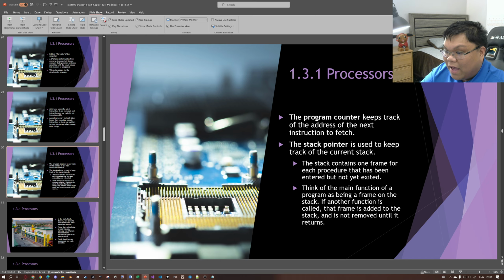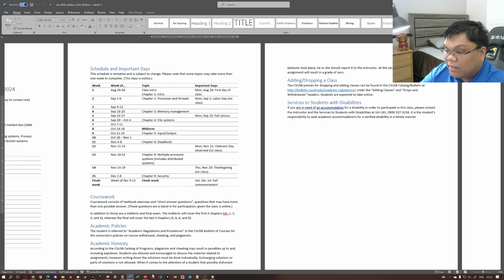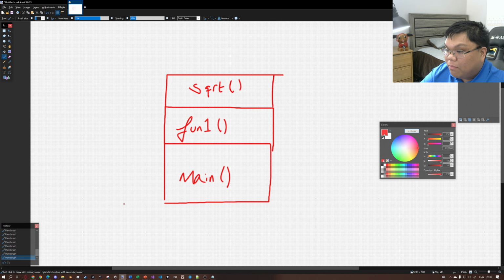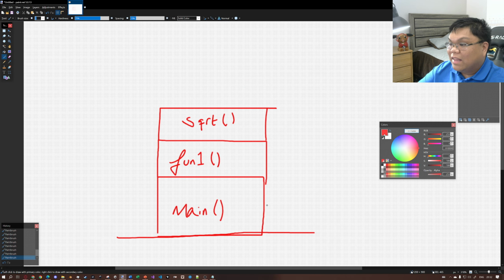That's what I mean by this illustration: main program at the bottom, and then we added function 1 on top of the stack, and then square root on top of the stack. It means we called some function 1, and then that function called square root. But we're not done with the square root function until this is popped from the stack. And we're not done with function 1 until that pops from the stack. And what happens when we pop this from the stack? It means the program's done executing.